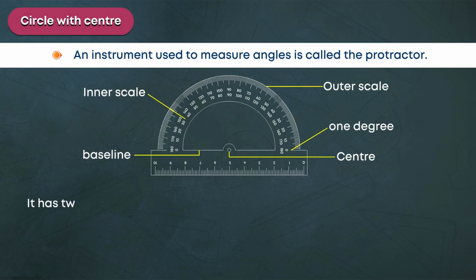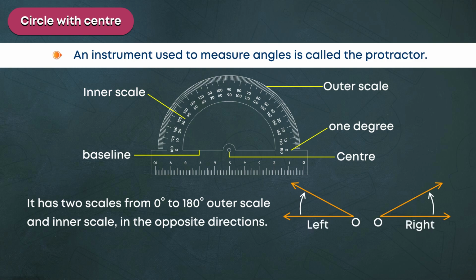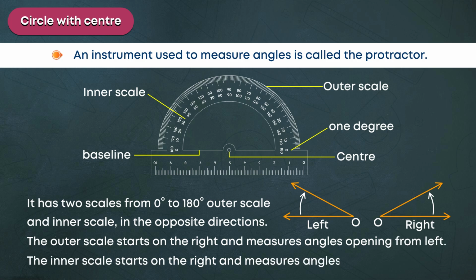It has two scales from 0 degrees to 180 degrees, outer scale and inner scale, in opposite directions. The outer scale starts on the right and measures angles opening from left. The inner scale starts on the right and measures angles opening from right.